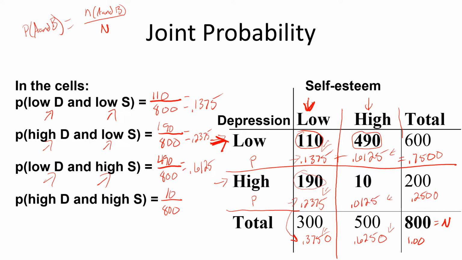We plug in the value 10 divided by 80, and that is equal to 0.0125. It works out. We could have done it this way as well. We could have taken 0.250 here and subtracted 0.2375. In that case, we also get 0.0125. And if you add all 4 of these together in the center, you'll get 1.00.